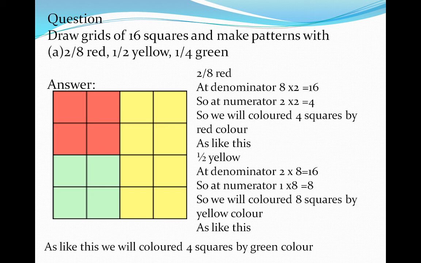So if we divide 16 by 4, we get 4, because 4 fours are 16. So we will color 4 squares green. So dear students, you have to draw a grid of 16 squares on a cardboard paper, and with the help of this calculation, you have to color those squares.